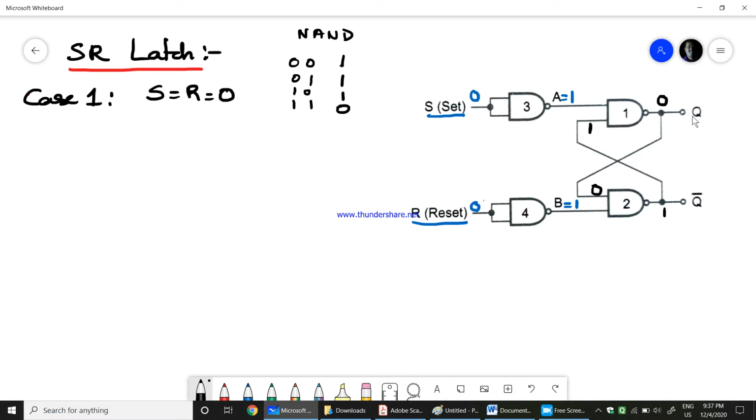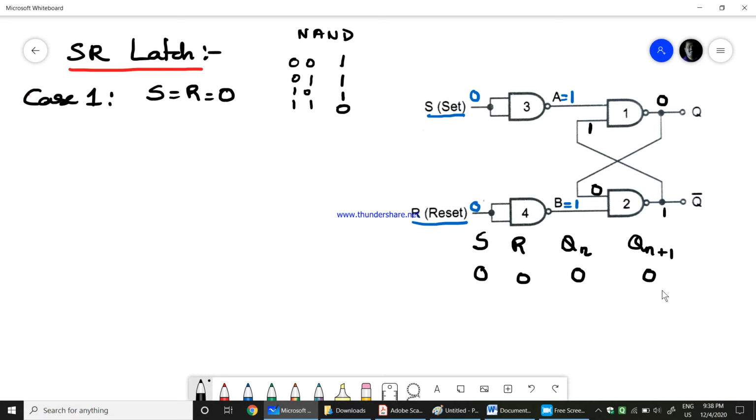So Q was assumed to be 0 and Q is again 0. The present state of Q, let me take Qn. The next state of Q is Qn plus 1, for example. For S and R equal to 0 0, the present state Q was assumed 0, and the next state I got 0 only.